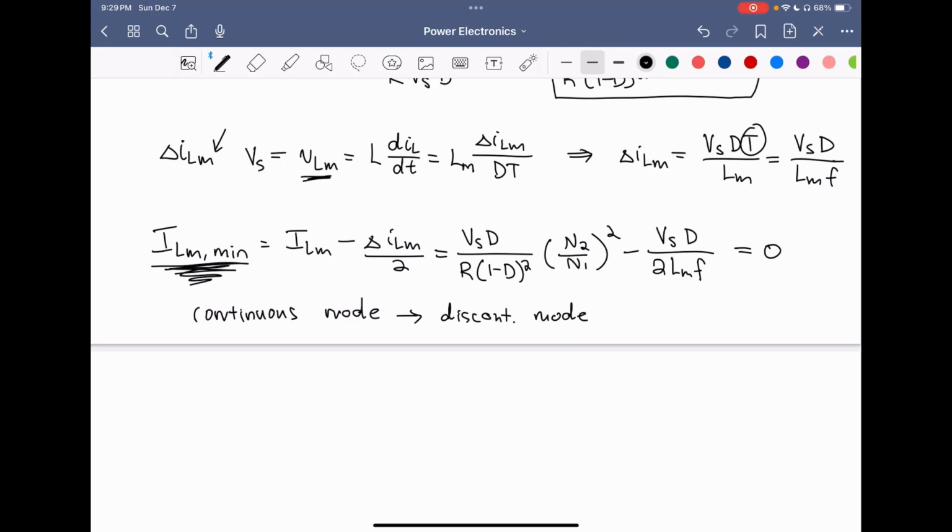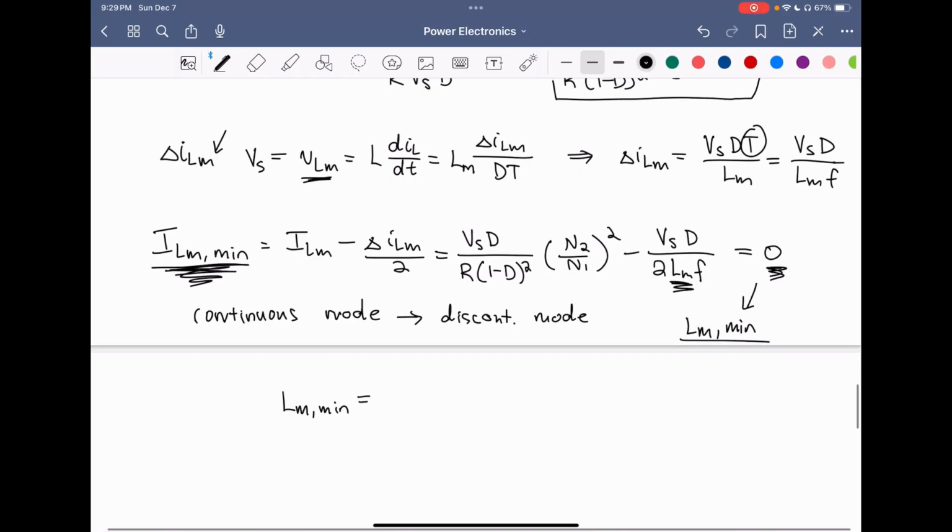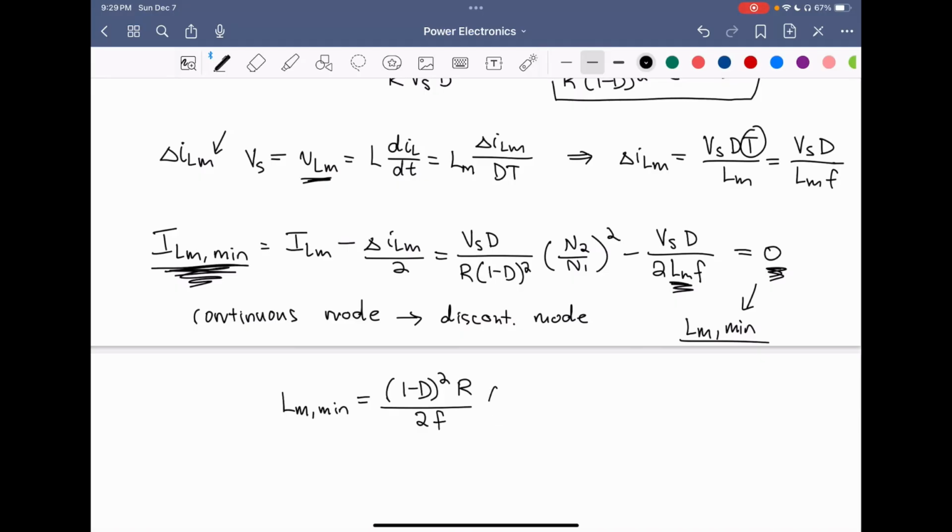So if we set this expression to 0 and solve for LM min, we get LM min equals 1 minus D squared R over 2F times N1 over N2 squared.